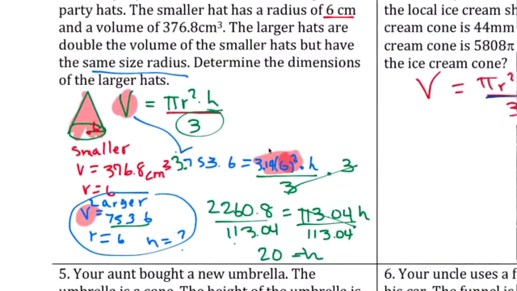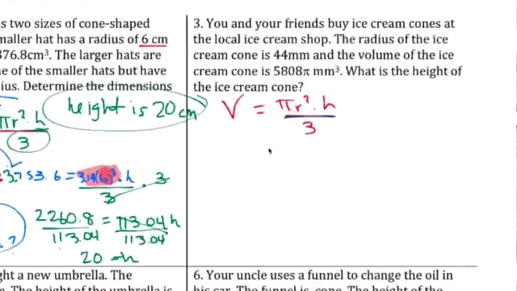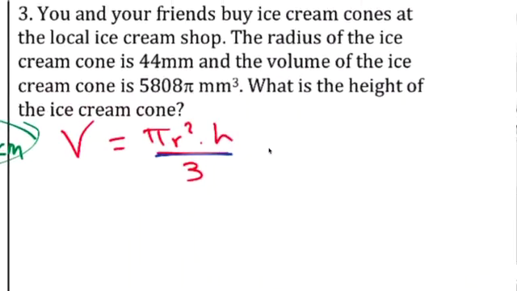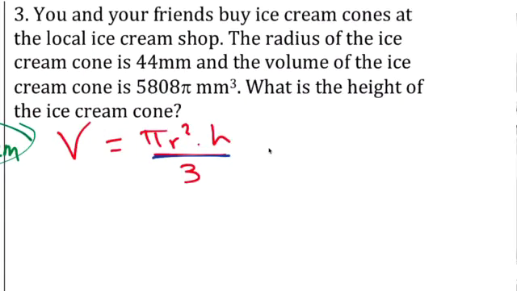So the height is 20 centimeters. Okay, so here's pretty much the same. It's even easier. Be careful that you don't forget to divide by 3 because it is a cone.